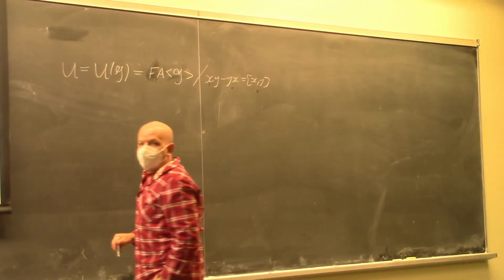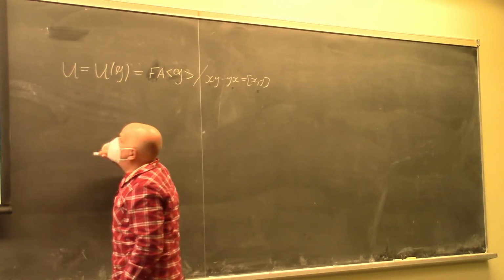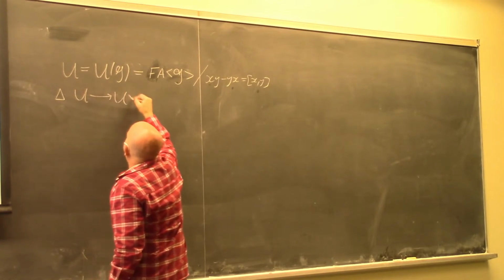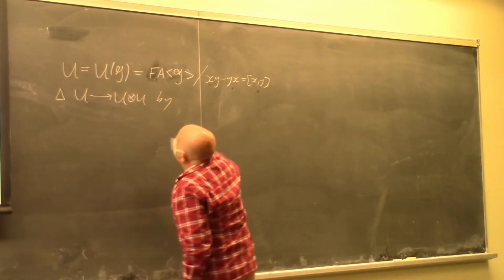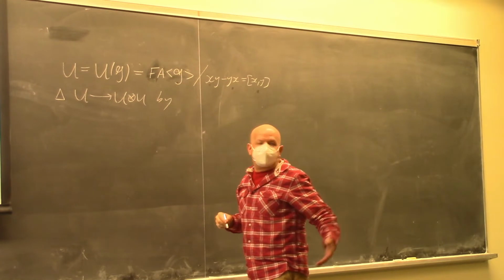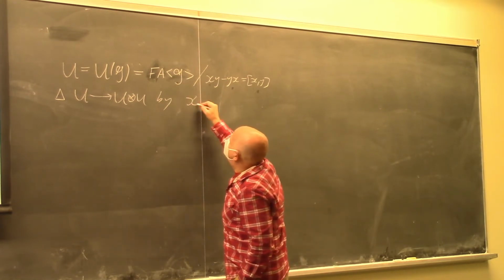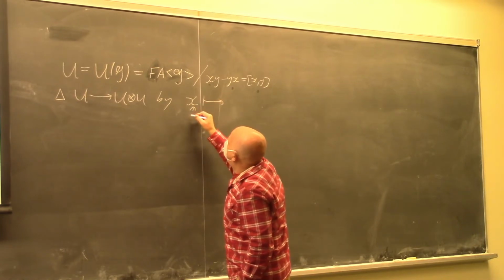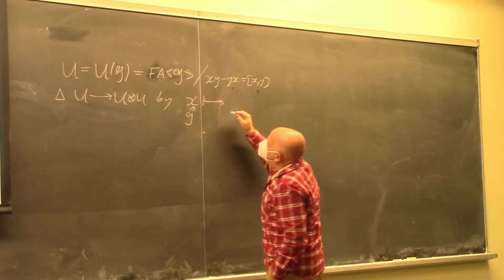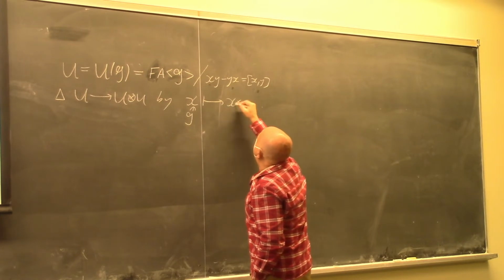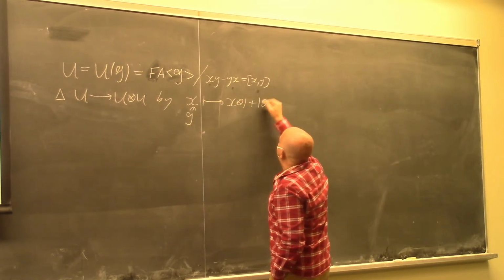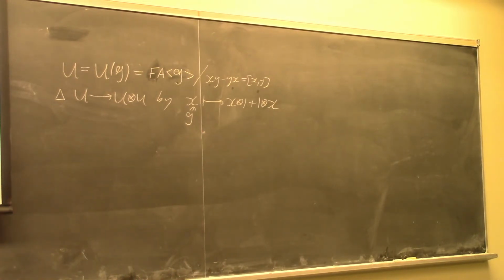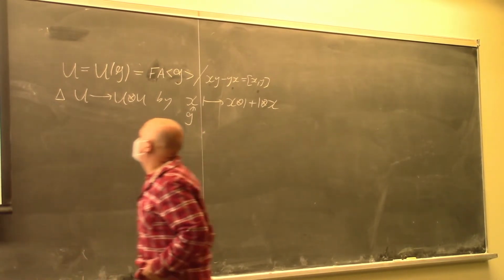And you can always define a coproduct delta going from U into U tensor U. As I said, it's enough to define it on the generators. So every x inside the Lie algebra just maps to x tensor 1 plus 1 tensor x, or as written here with this ijk notation, it's the same thing, okay?